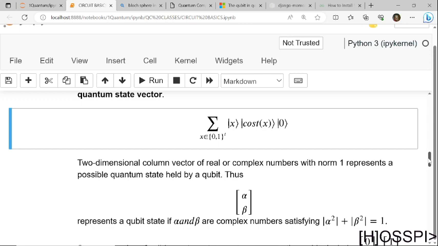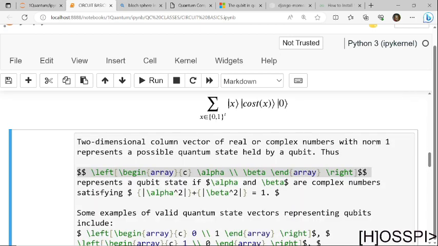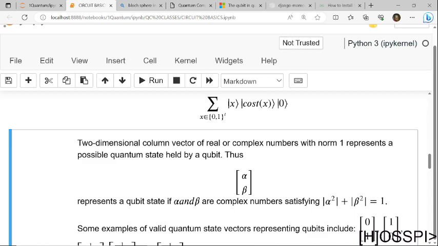A two-dimensional column vector of real or complex numbers, with each entry representing a possible quantum state held by a qubit. So now we have alpha and beta in a two-dimensional column vector. This is a vector; we also have scalars, if you remember our physics.